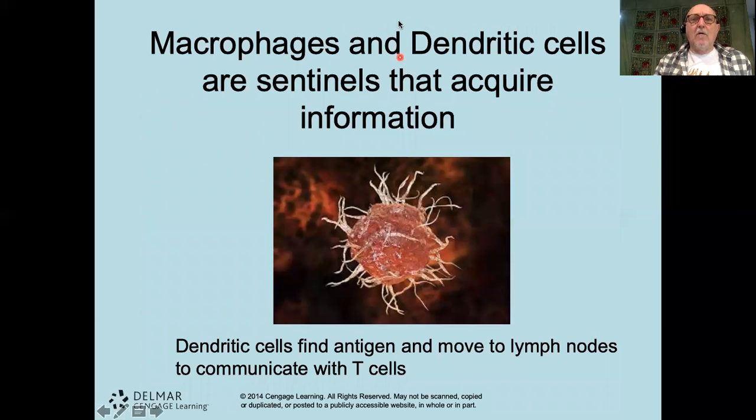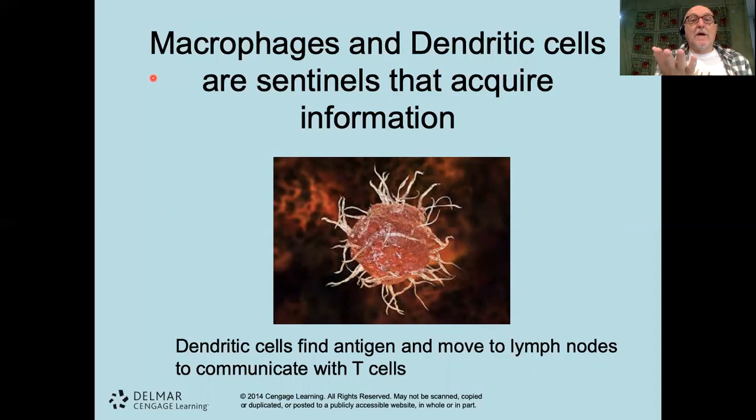Okay, so how does this adaptive immune response work? There are two cells which are really key to sending information to the lymphatic system to inform it that an adaptive response is required. So if you think about it this way, a lot of what we're going to talk about will happen inside the lymph nodes, but the lymph nodes are quite remote from the rest of the body, right?